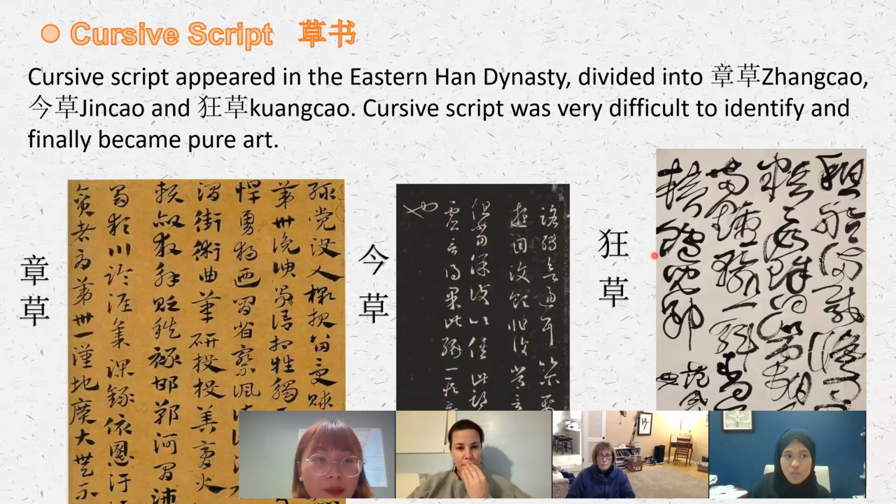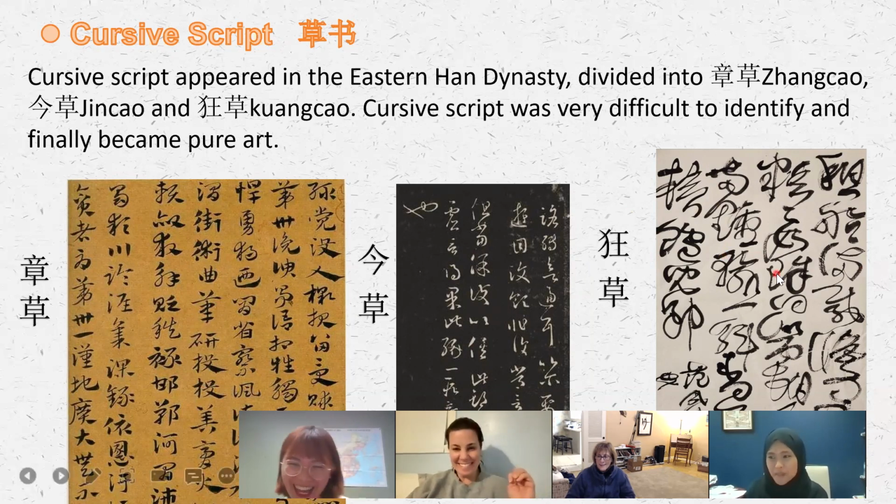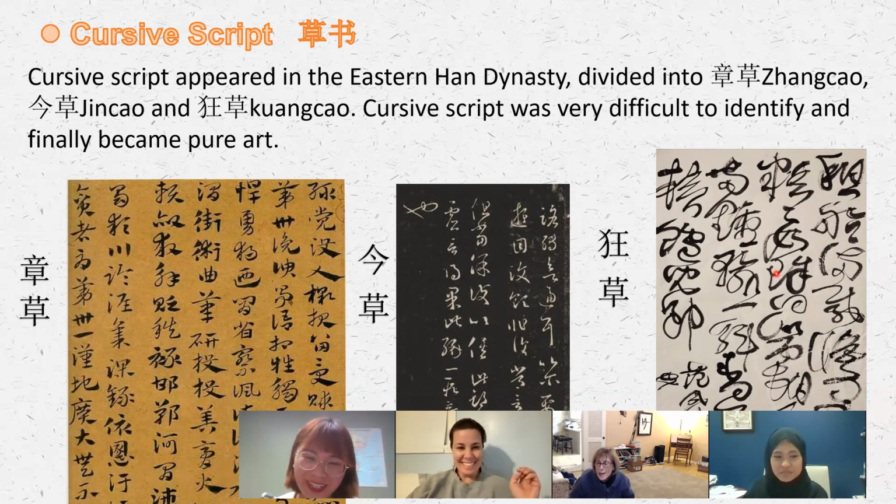And another one is cursive script, but actually, as you can see, it's hard to tell what this is. Even though I'm Chinese, I can't tell what this is. Well, most cursive style doesn't look like that picture.